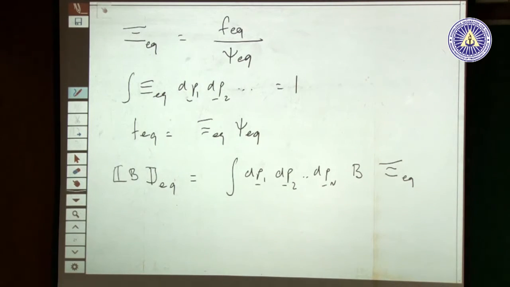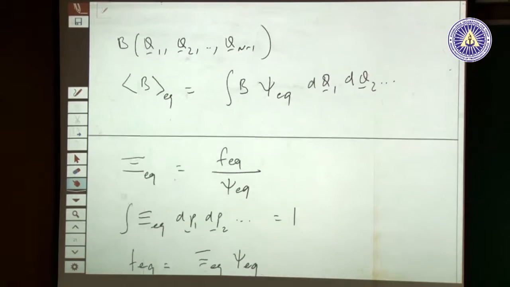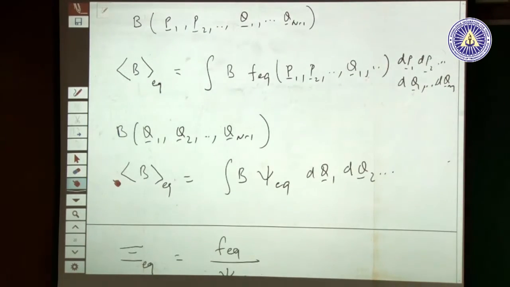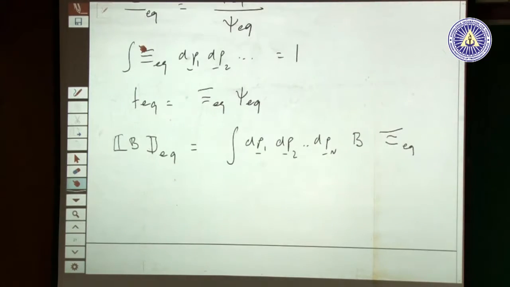And if I come back to this expression here and I replace F by the product of psi equilibrium times the momentum distribution, because that is just how it is defined, then I could write my B equilibrium average in this way.